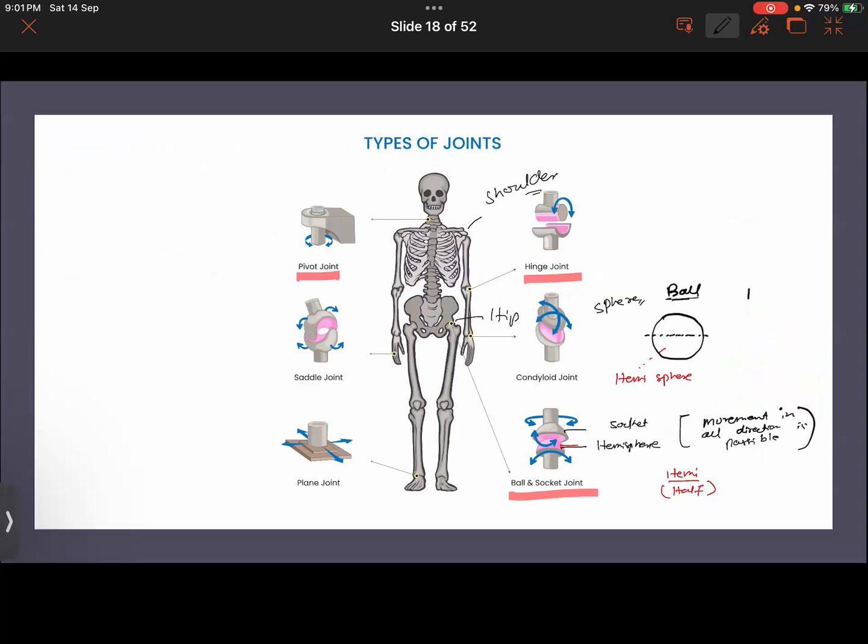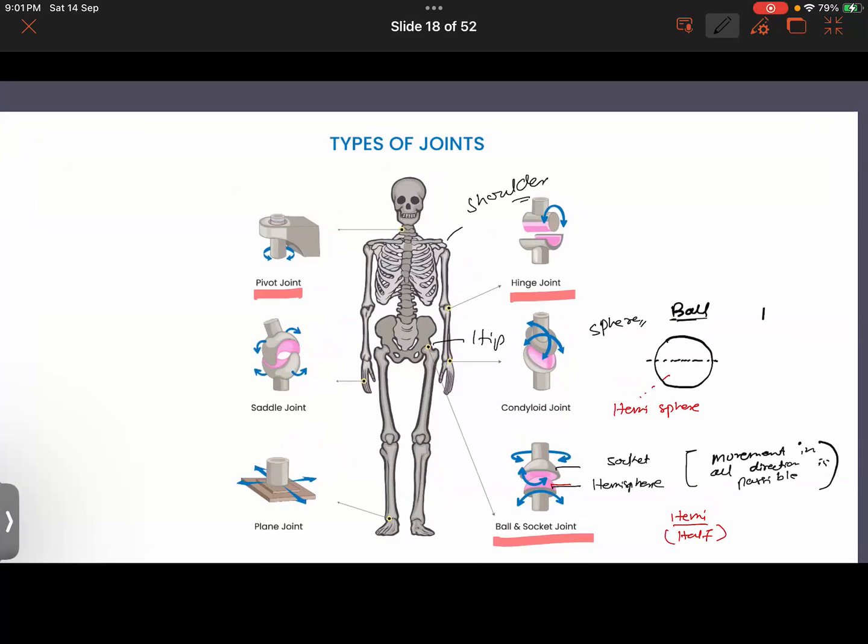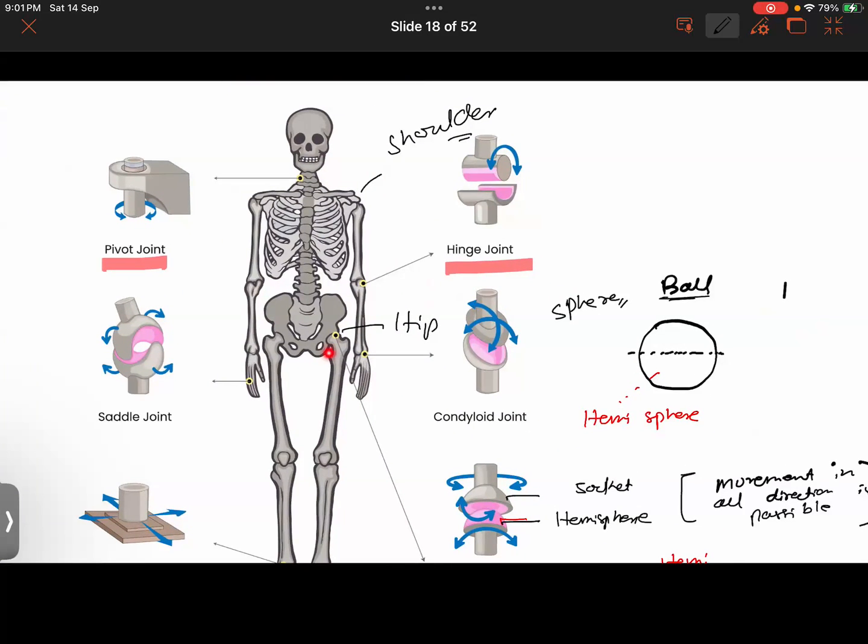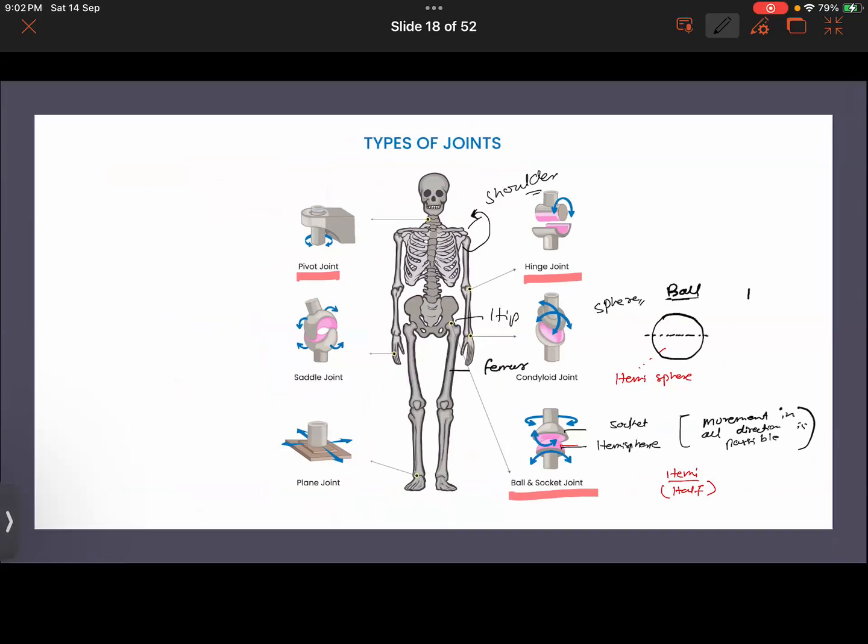You can move the femur bone in almost all the directions. You can rotate it, you can move it forward and backward. In fact, you can rotate your hand like this, and bring it forward and backwards. So this kind of joint is present in the shoulder and in the hip area.